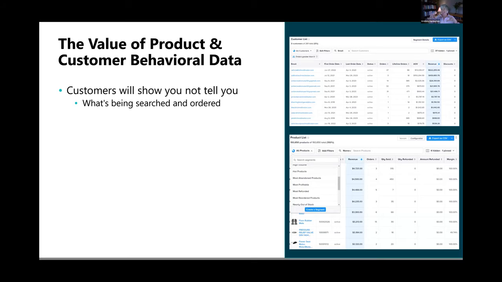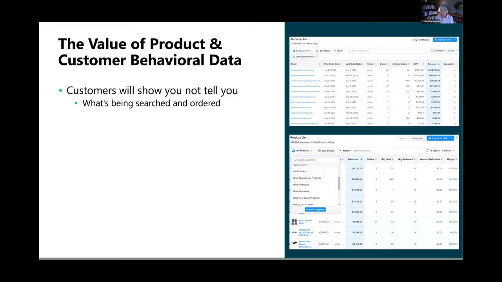But diving into the details is where you get the insight. So what I have on the top right screen is customer specific data about a customer, and often in an analytics environment you can segment. So by the user, you can see what are they ordering, how much, what's the value of the orders, when's the last time they ordered, how many refunds have they pushed through, how many abandoned carts, and so on and so forth.